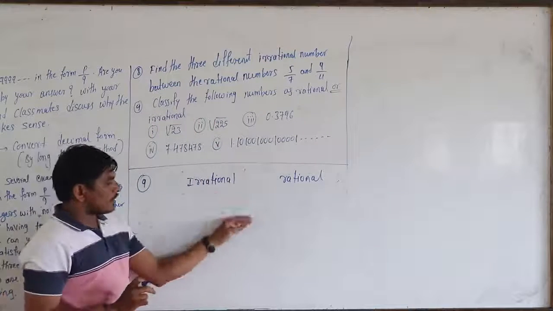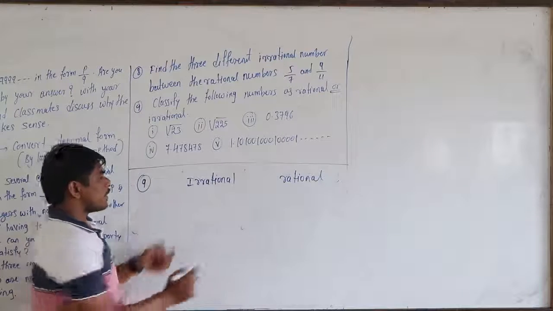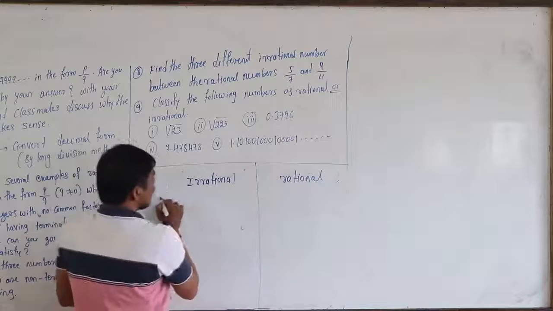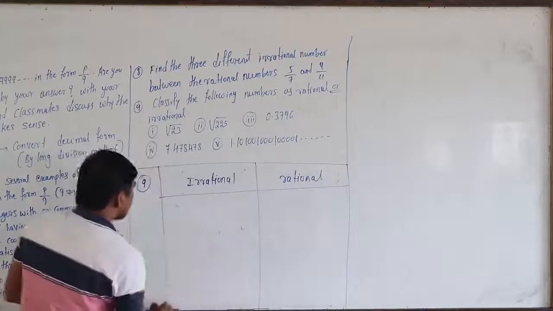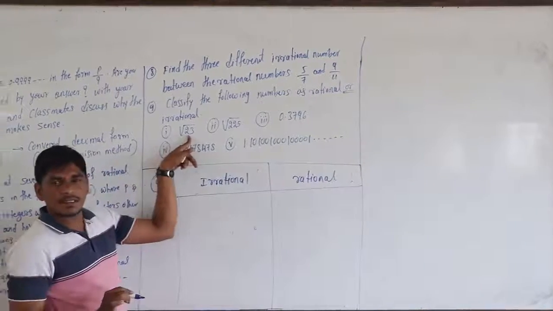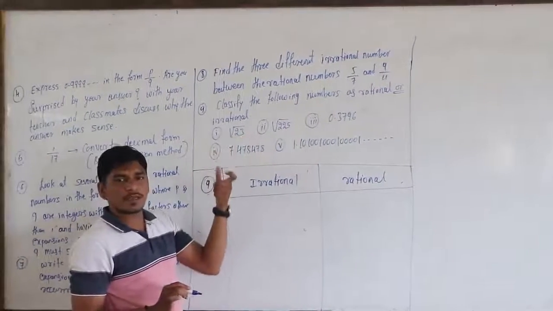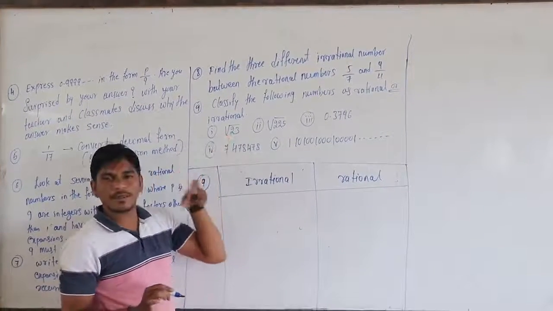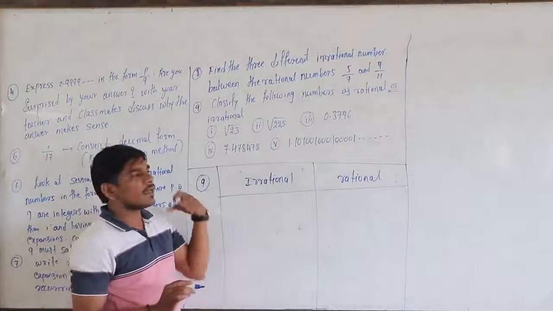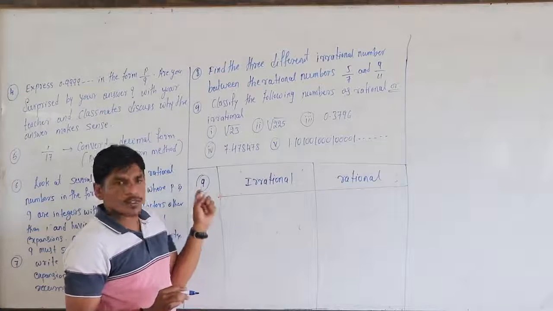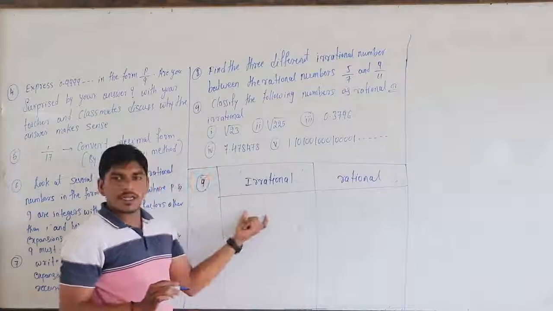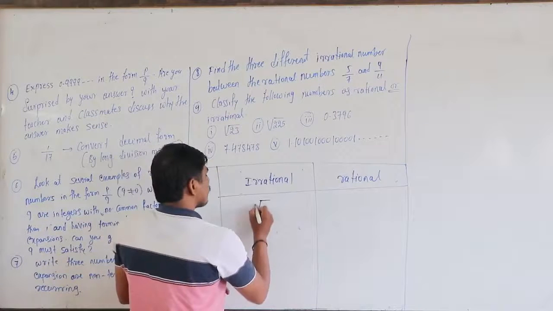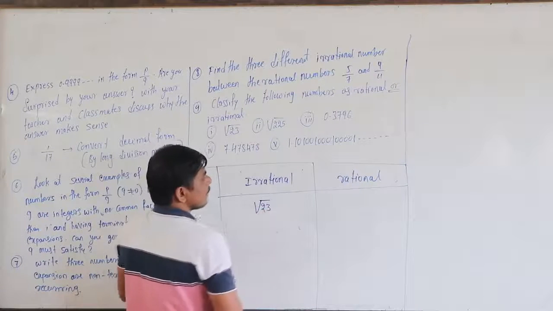The first column is irrational and the second column is rational. Here root 23. 23 is an irrational number because 23 is a prime number. Root of any prime number, you take the square root, the number is always irrational. That's why root of 23 is irrational.